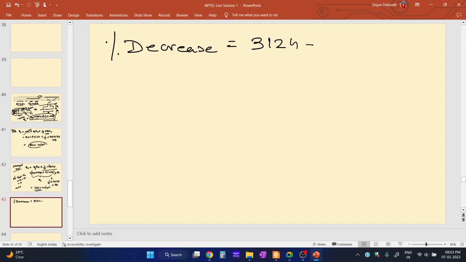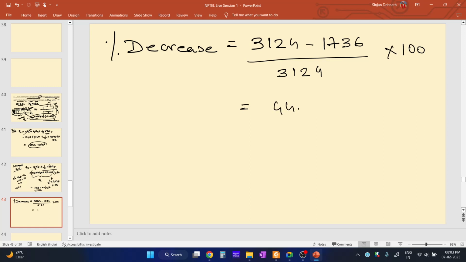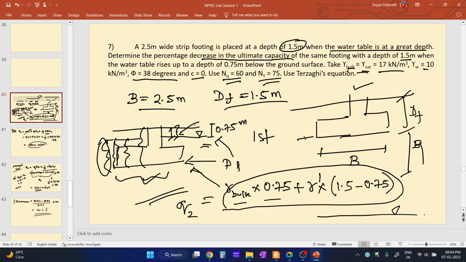The present bearing capacity divided by original bearing capacity in dry condition, into 100 for percentage, we will get 44.4%. So that means 44% change is observed when the water table rose up to a depth of 0.75 below the ground surface.